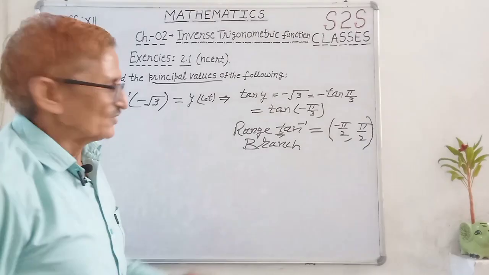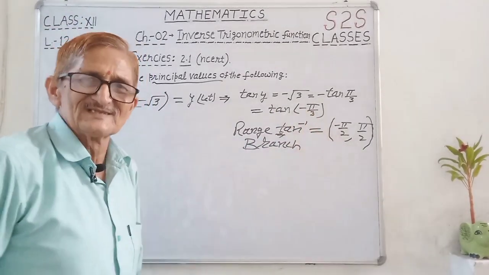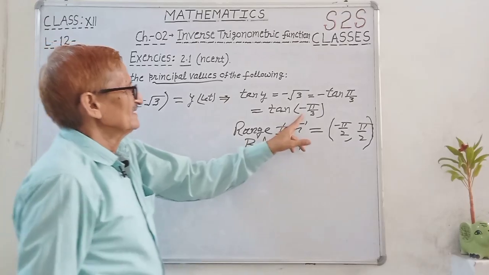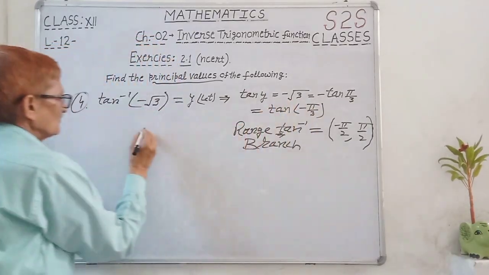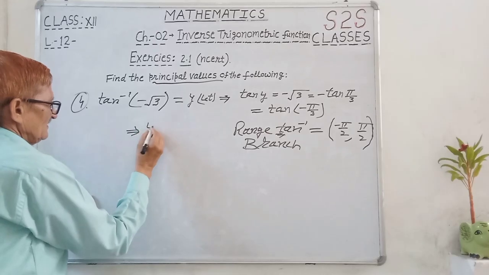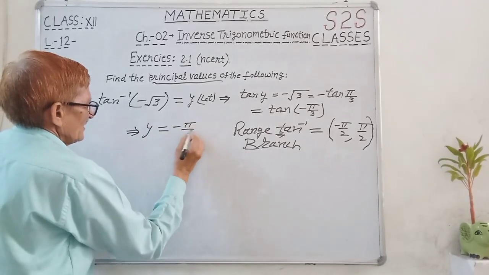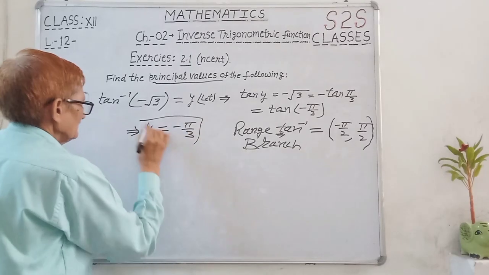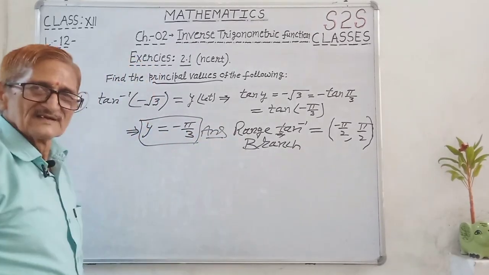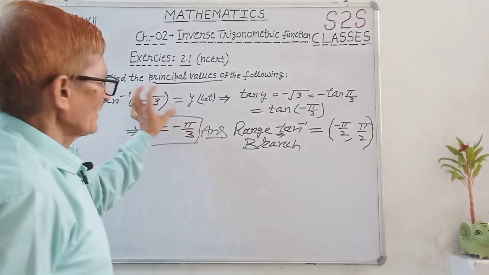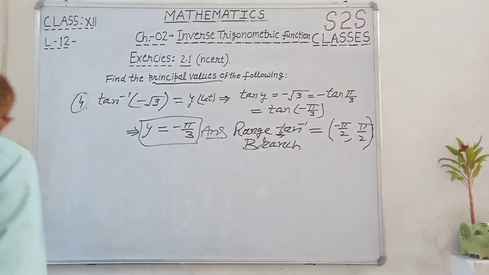It is in between this, you see that. So the tan cancels and y equals minus pi by 3. Answer. The answer of every question must be in its branch.